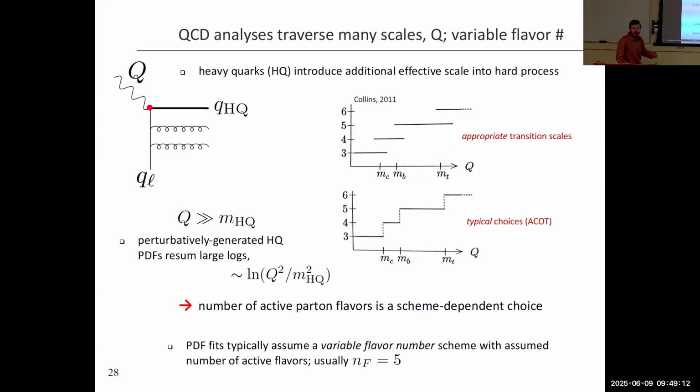As I was saying, the fact that the PDF fits traverse a wide range of different scales means that the number of heavy quark degrees of freedom entering a given calculation is a dynamical quantity. As I go over the scales Q, I activate more and more heavy quark degrees of freedom.